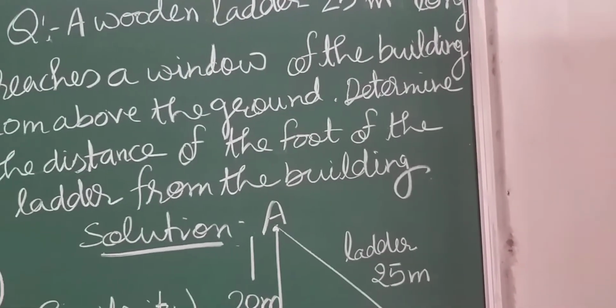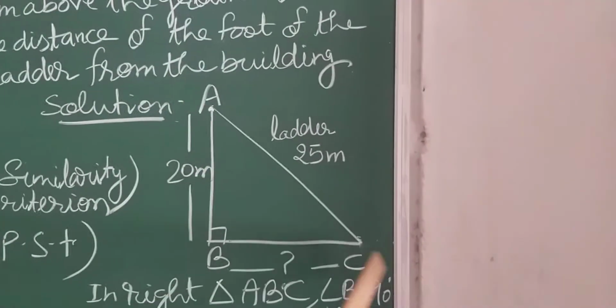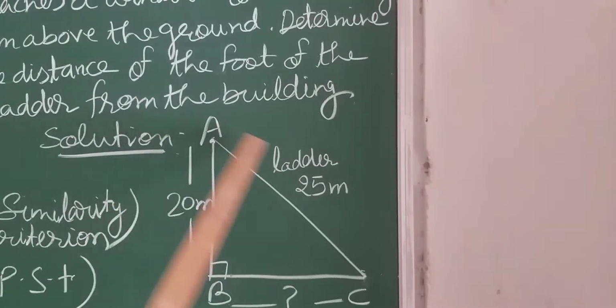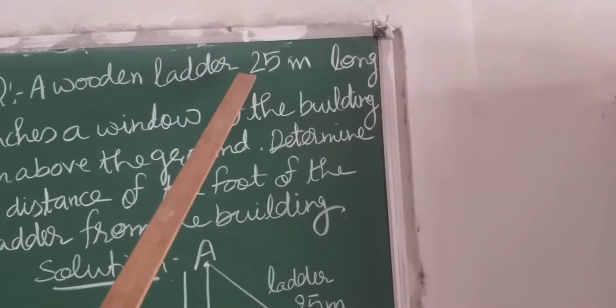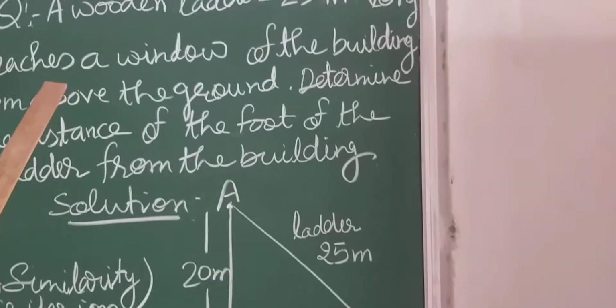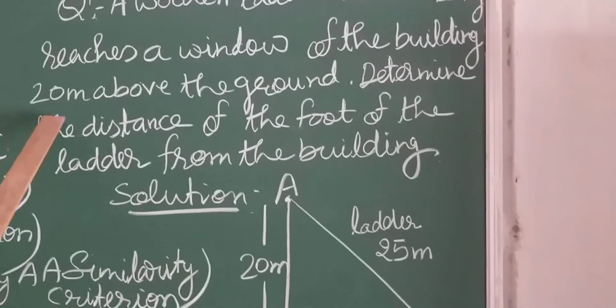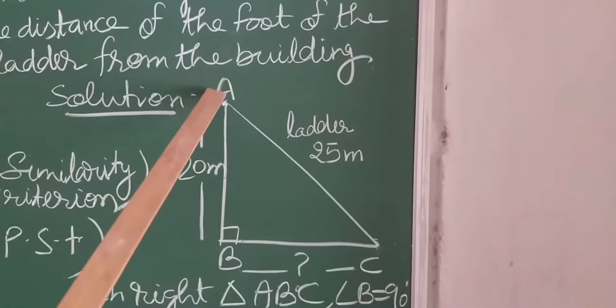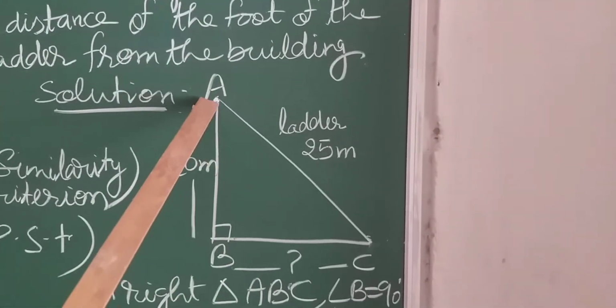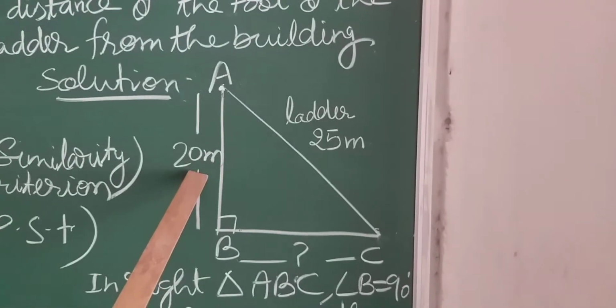So let us draw a rough diagram, student. I have drawn here A, B, C. So AC is the ladder. The ladder length is 25 meter. Now the height of the window of the building from the ground is 20 meter. So AB is the height of the window. The window is at A. It is 20 meter.